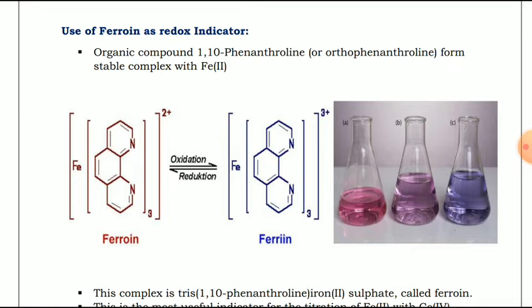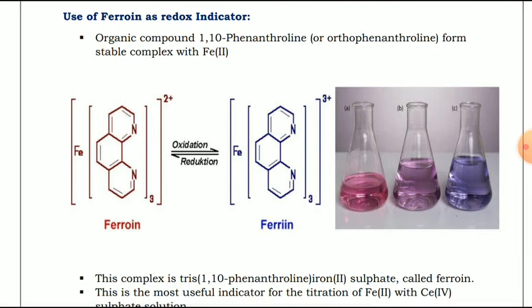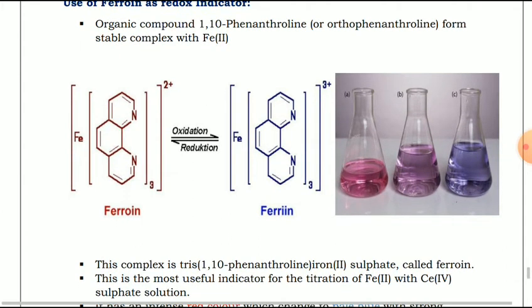That's why this sulfate here. Its name is tris(1,10-phenanthroline) iron(II) sulfate, called ferroin. This is the most useful indicator for the titration of ferrous 2 with cerium 4 sulfate solution.